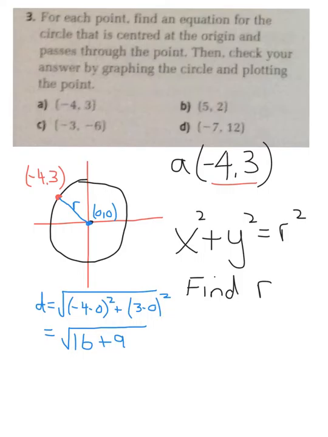Where's the eraser gone? 16 plus 9 is root 25, which is 5. So the radius is 5. Your final answer, x squared plus y squared equals r squared. Well, if r is 5, r squared will be 25.